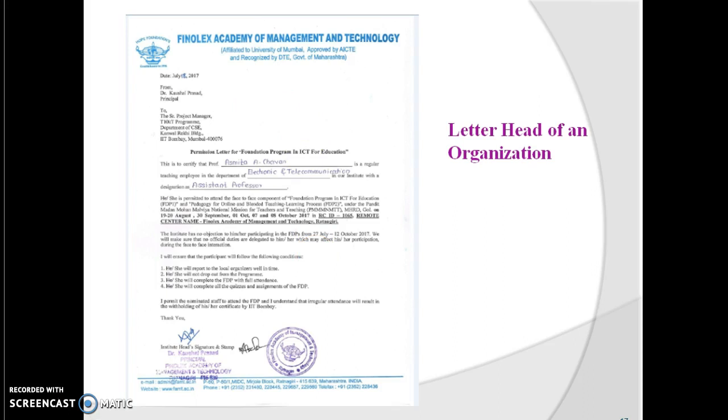Alright, now coming to the next part of my talk. Let's have a look at different elements of a letter in detail, especially when they are written and how they are written. Okay, so let's have a look at first, that is heading or the sender's address. If you are writing an official letter or a business letter on a blank page, you need to include the sender's address.